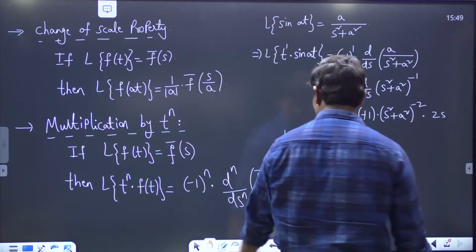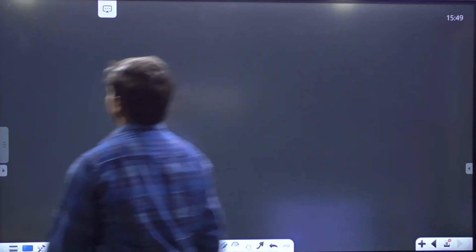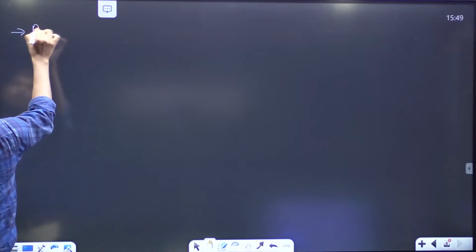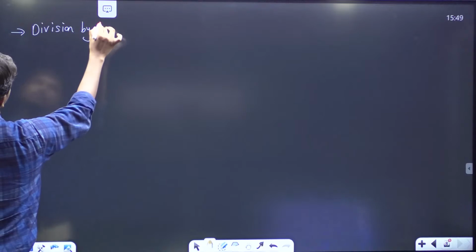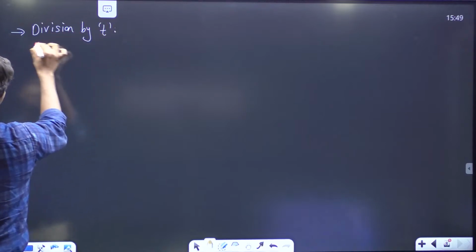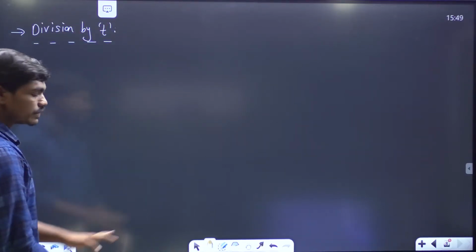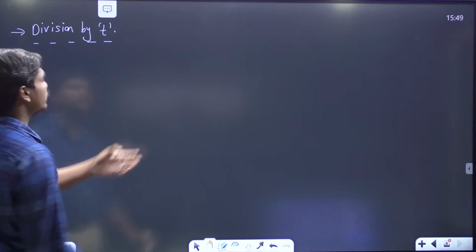Okay, so now I'm going ahead. Division by t. Like how we have multiplication with t power n, similarly, if we have division by t, then let us see.